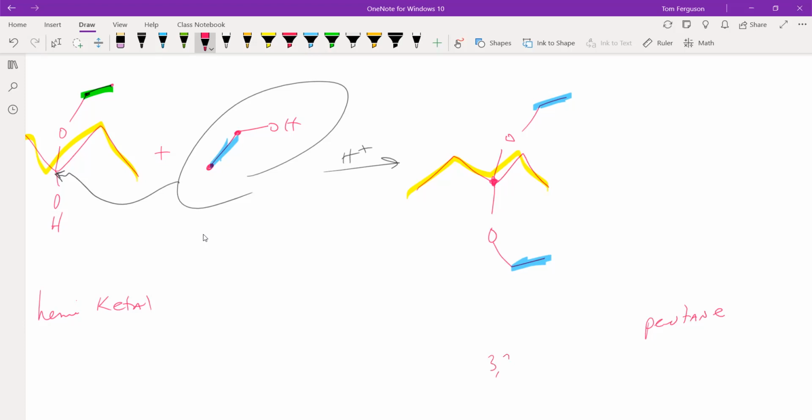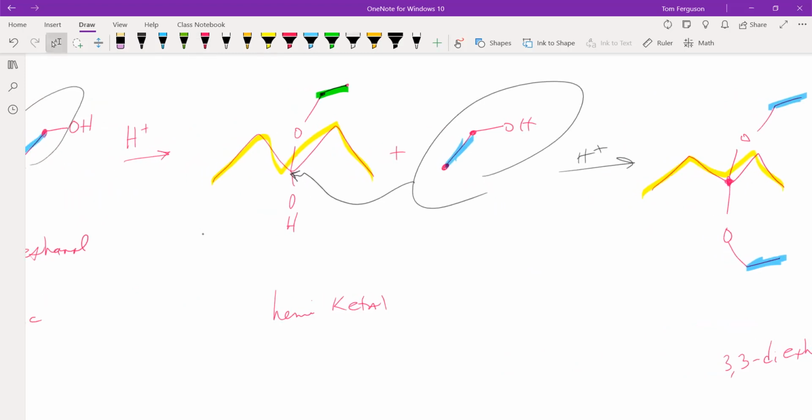So it's going to be 3,3-diepoxy pentane. This guy is going to be a hydroxy and ethoxy. So it's going to be a 3-ethoxy, 3-hydroxy pentane.